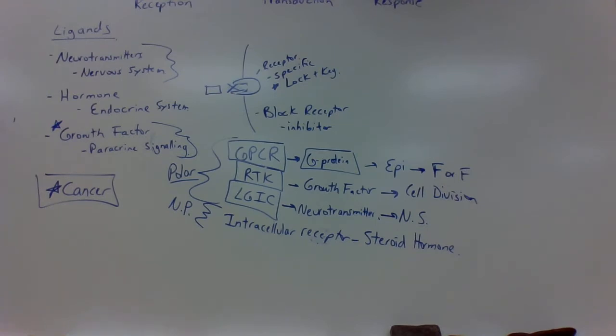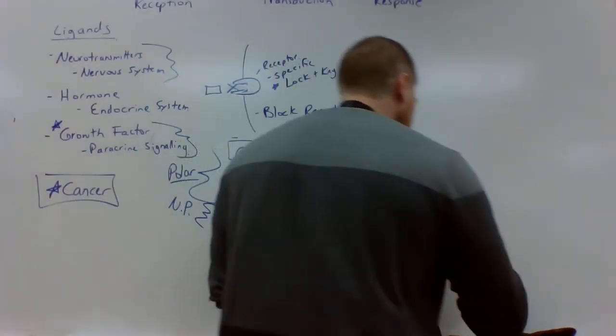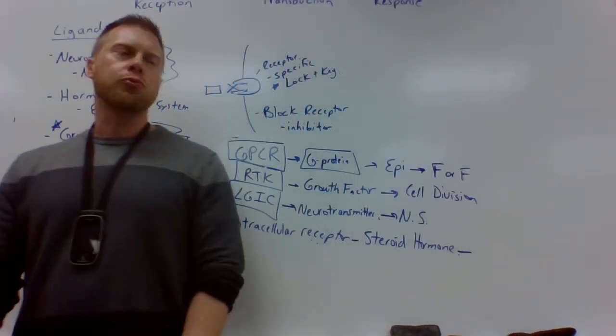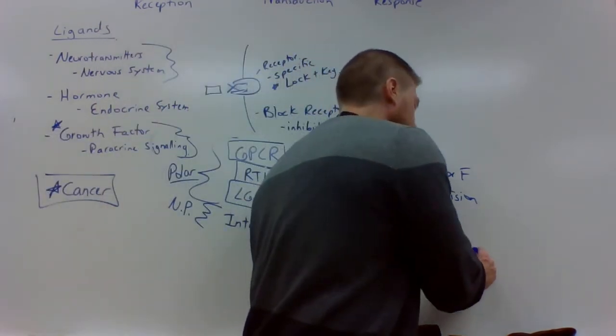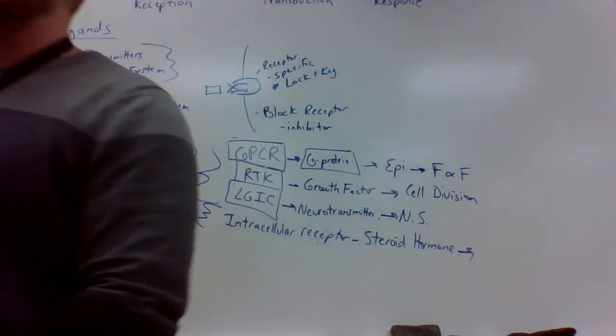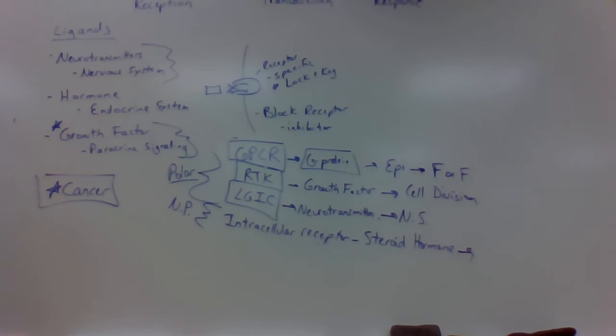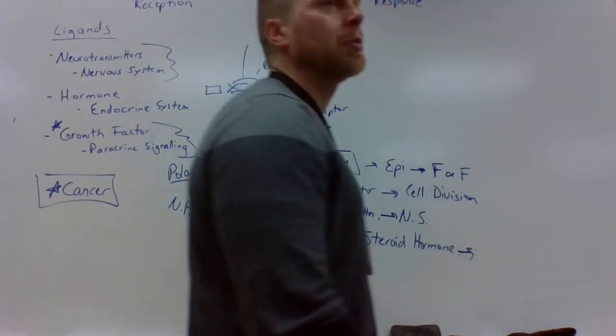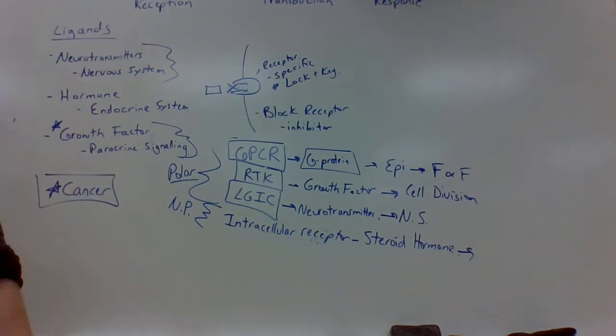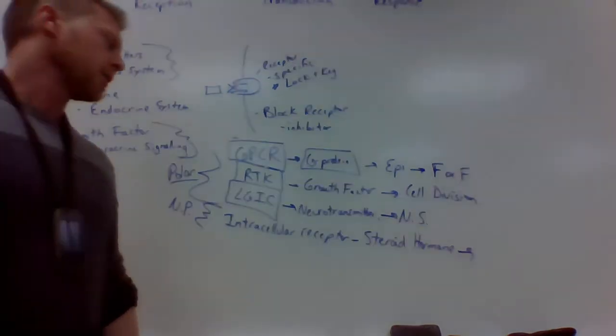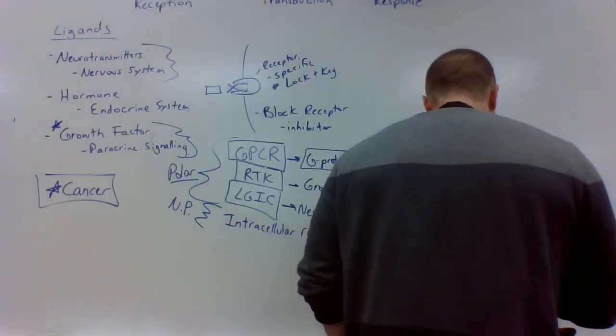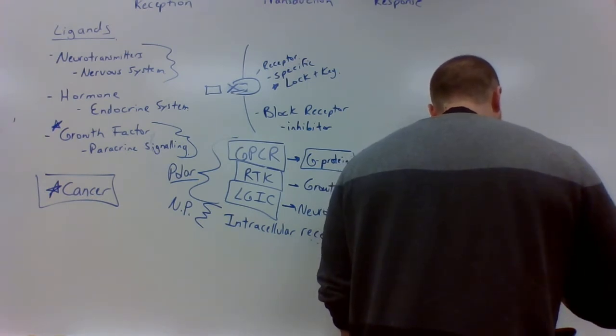And then steroid hormones, this is the toughest one. Steroid hormones regulate what process? Gene expression. If you remember, steroid hormones are responsible for turning genes on or turning genes off. So steroid hormones regulate gene expression.